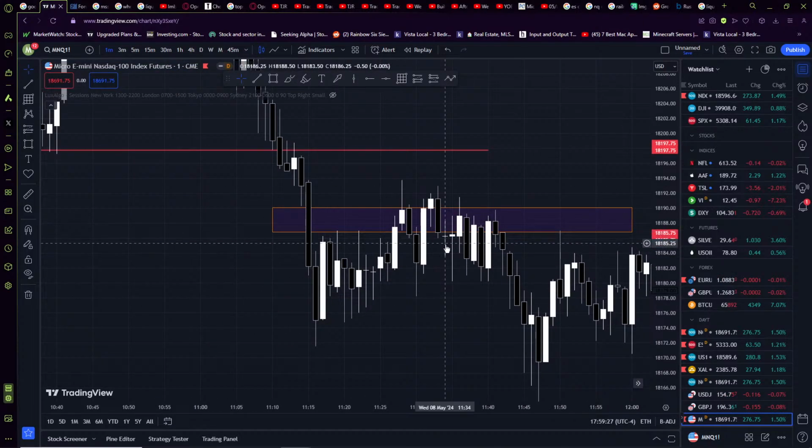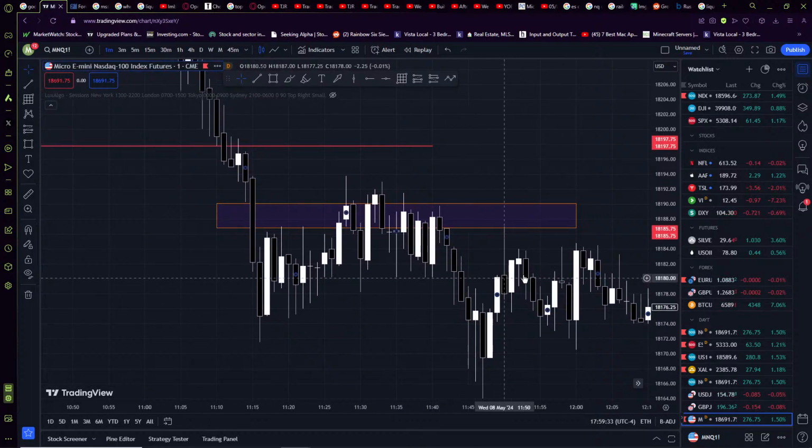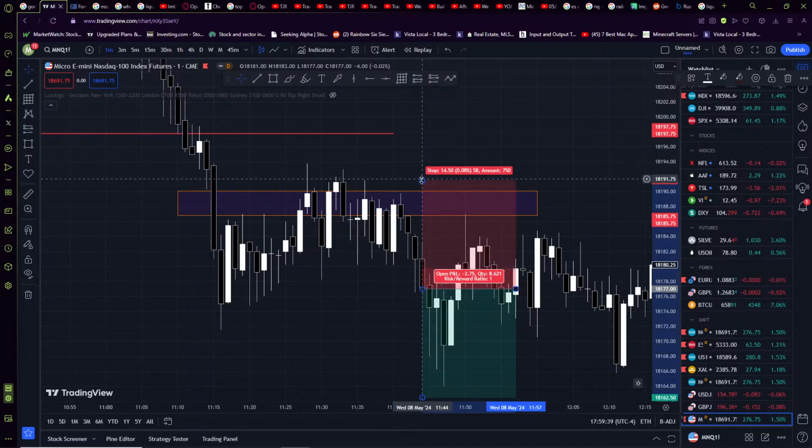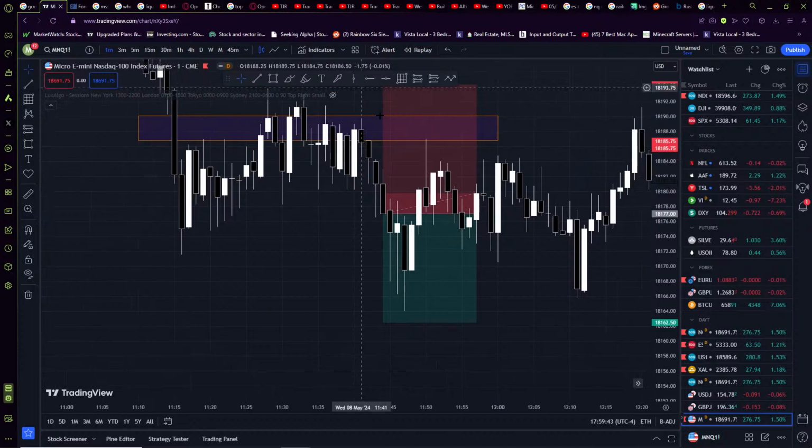Where do I want to see a break? Bam, where is our break? Right here. Stops right above this high. It's quite heavy.